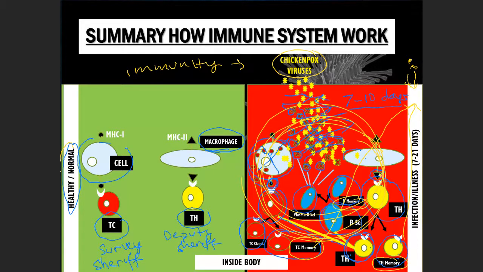So this is how our body exactly protects us against a specific infection. After the infection, we fight them and we become cured from the disease, and at the end we become immune to that specific disease. Okay, so that's how the T cell and B cell work in our system.